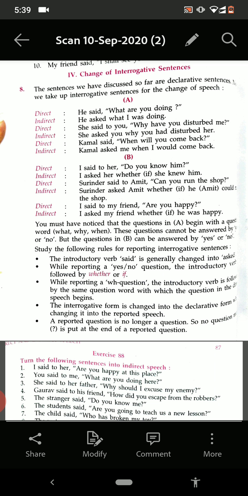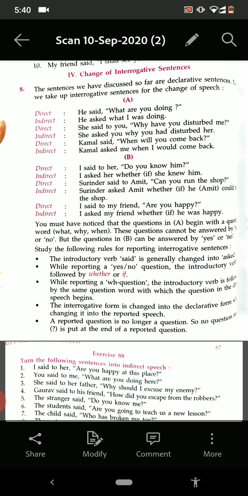Now see the A part. Direct speech. He said, "What are you doing?" So indirect, see what is written. He asked what I was doing. See one more example. She said to you, "Why have you disturbed me?" Indirect speech. She asked you why you had disturbed her.